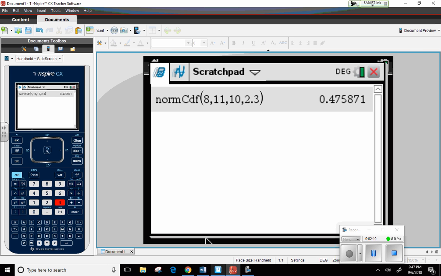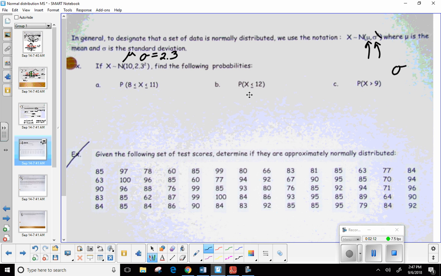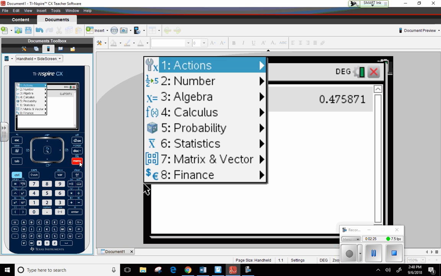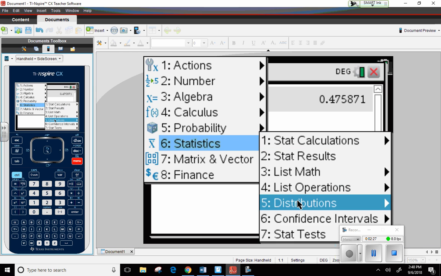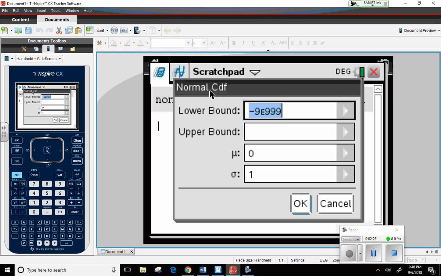Okay, well, let's take a look at the next one. We want the probability of choosing an element less than or equal to 12. So because we're less than, this means that 12 is an upper boundary. Okay, so I'm going to go back to my calculator, menu, statistics, distributions, normal CDF.